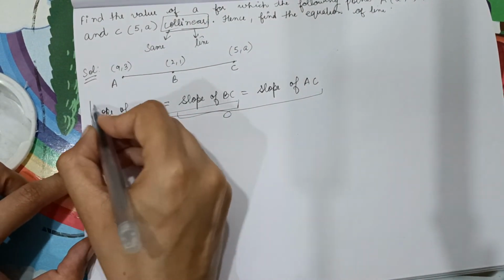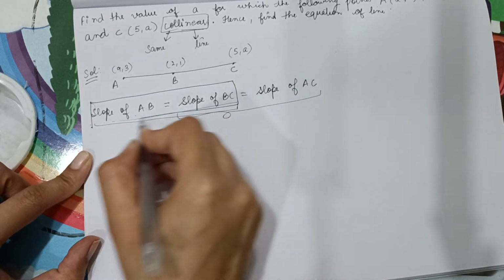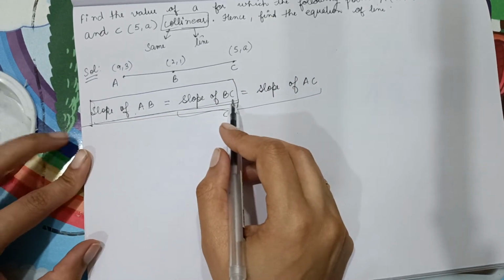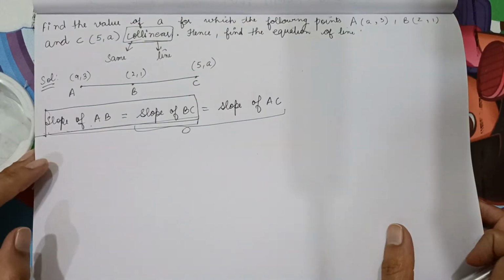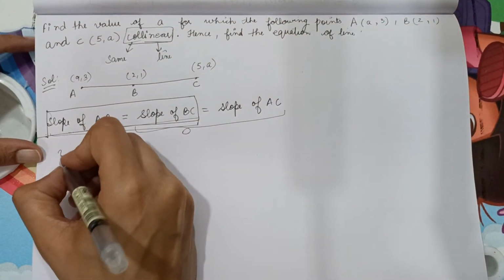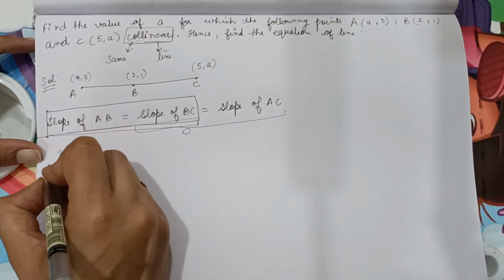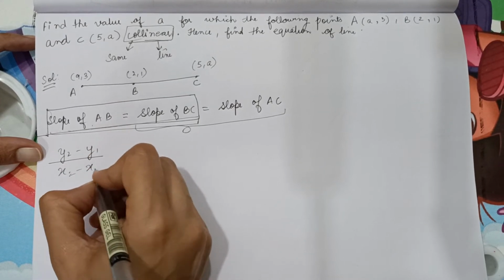Let's apply the slope formula. I am using slope of AB equals slope of BC. The slope formula is y2 minus y1 upon x2 minus x1.